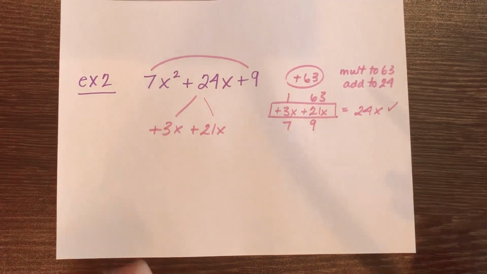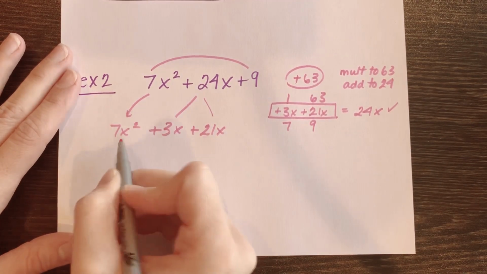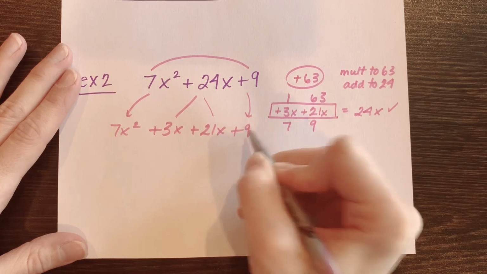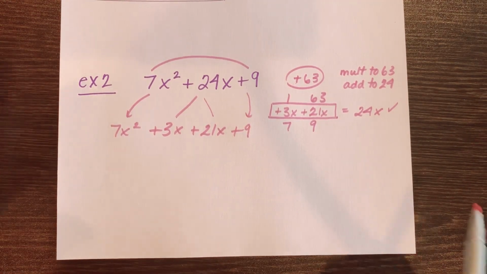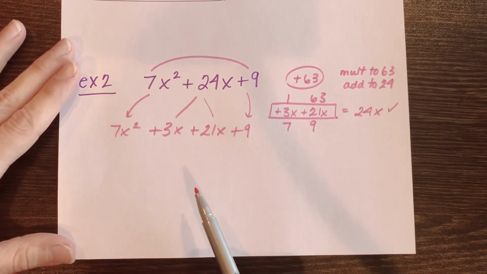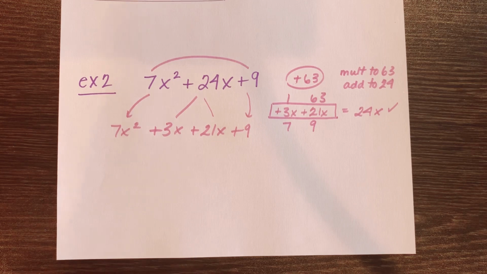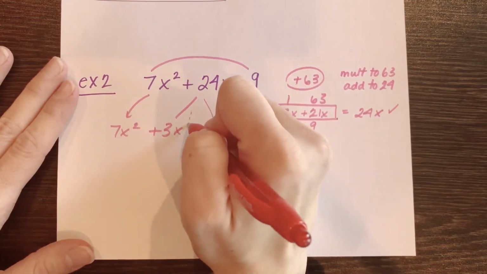There's a method to my madness, right? My 7x squared comes down, my plus 9 comes down, my first and last terms unchanged. It's just that middle term that I'm now writing as 2 terms to create my factor by grouping setup, my 4 terms that I want for factor by grouping.